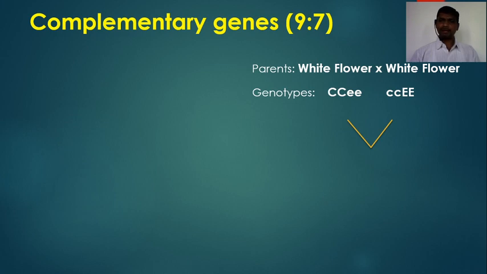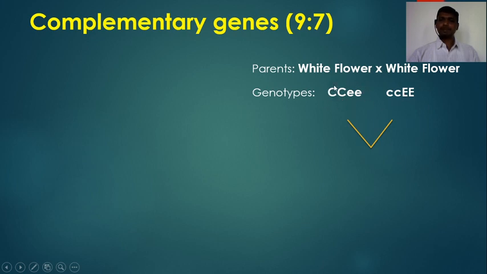How do both the parents have white flowers? If we see the genotype, one parent has a genotype of capital C, small e, while the other parent has a genotype of small c, capital E. Here only one gene is dominant.